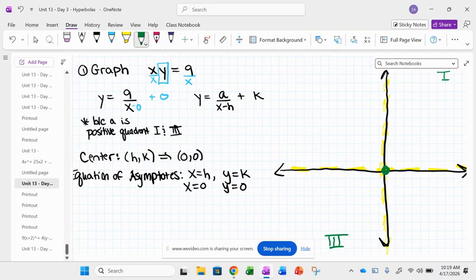The way you're going to find the vertices is you're going to take your a, so a equals 9, and take plus minus the square root of 9, which is plus minus 3.